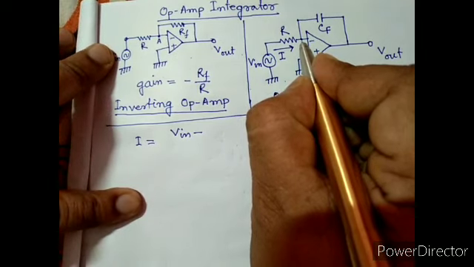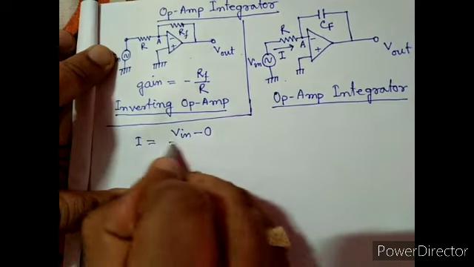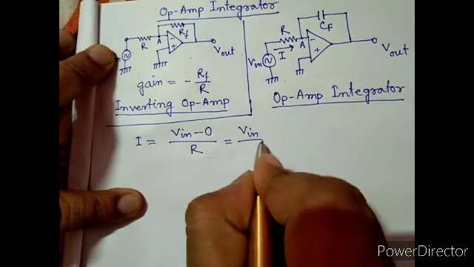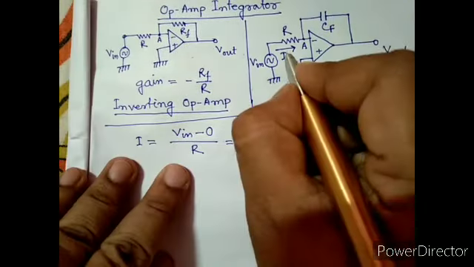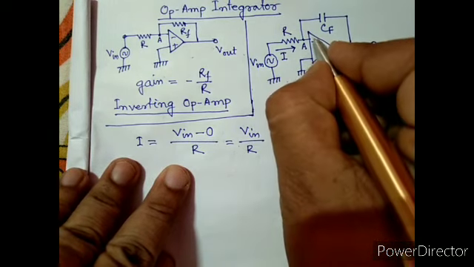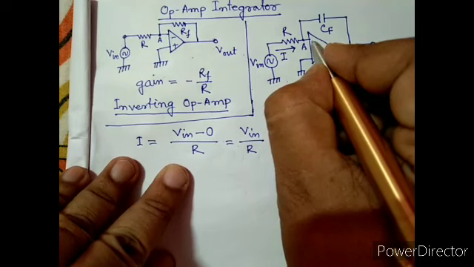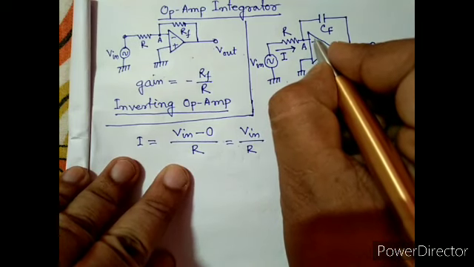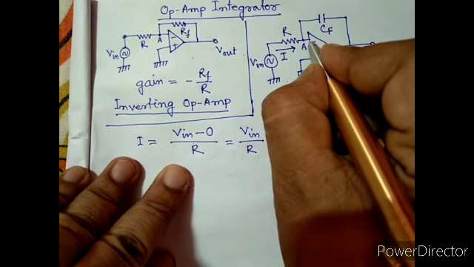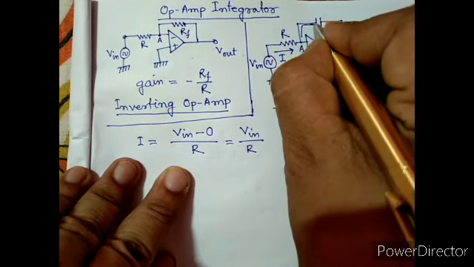This is the virtual ground terminal, so the potential here is 0. So I equals Vin by R. This current I passes through this branch. As we know, the input impedance of an ideal operational amplifier is infinity, so no current passes into the op-amp, and all the current passes through the feedback branch.